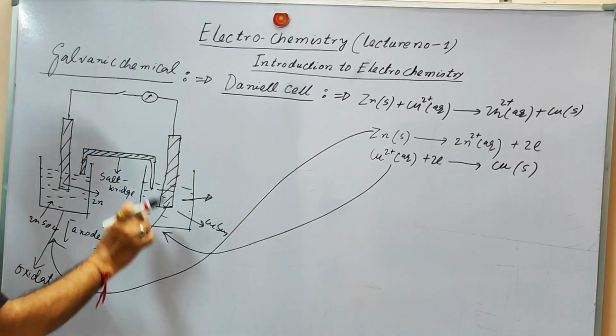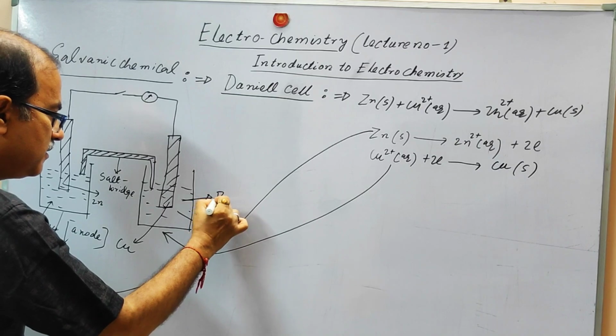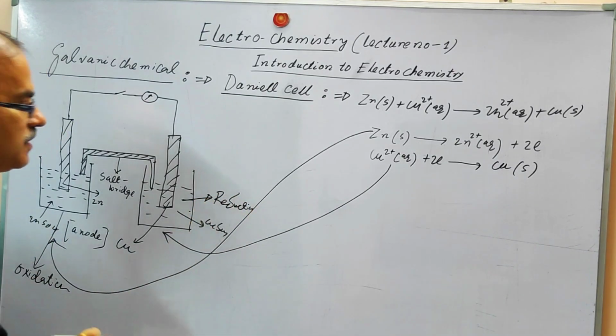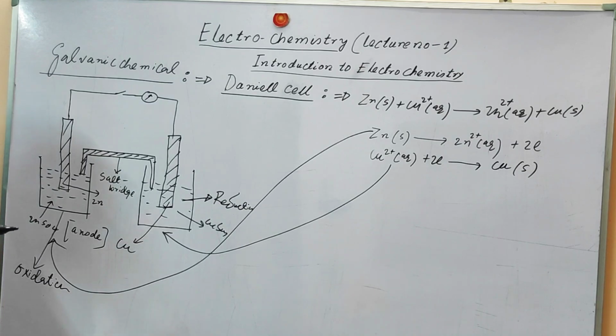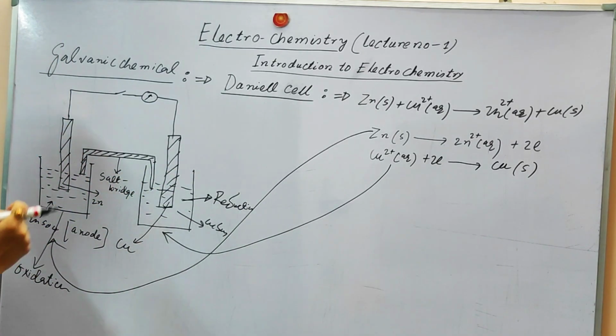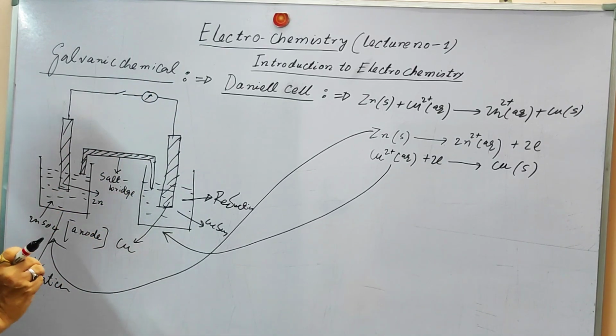Here reduction is going on: Cu2+ accepts the electrons released by the zinc rod, and the zinc rod dissolves as Zn2+ ions.